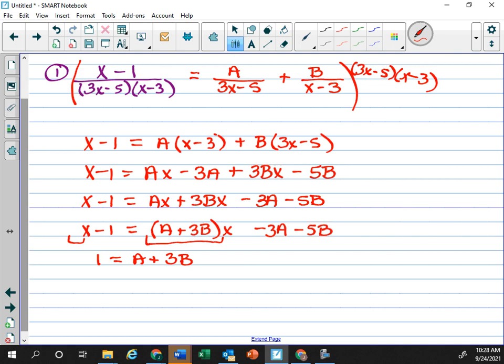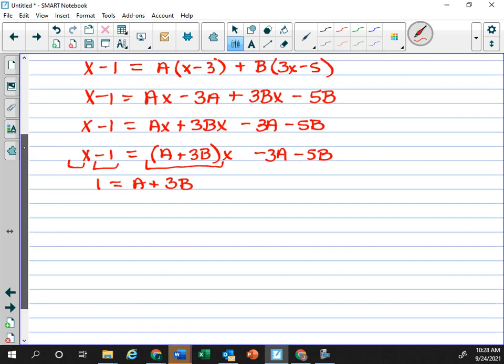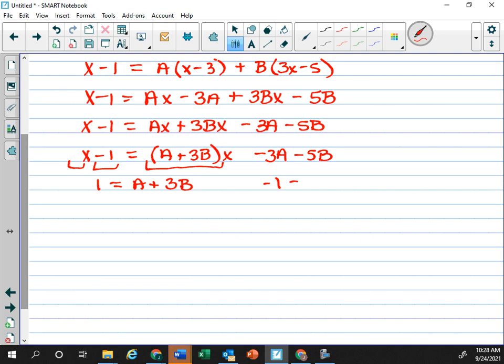And then I can also set up my constants. On the left side, do you see how -1 is the constant? So -1 has to equal my constants over here, which are the -3a minus 5b.